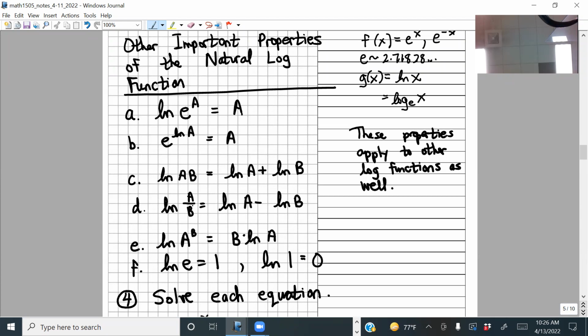Same thing happens for quotient. If you have the natural log of a quotient, A divided by B, that's the same as the difference of natural logs. So if you have the natural log of a fraction, you can break that up as the natural log of the top minus the natural log of the bottom. Most functions don't obey this property, right? It's not true in general.